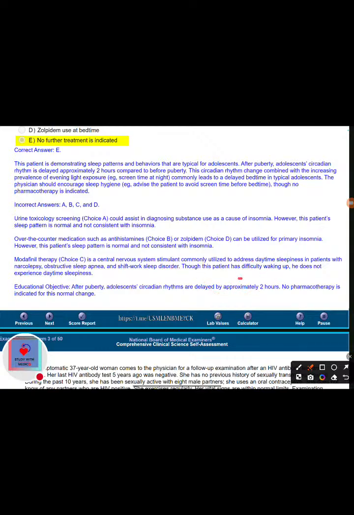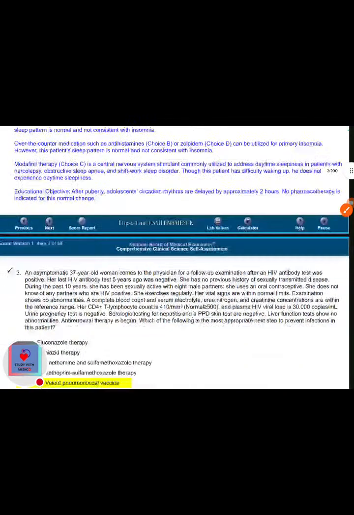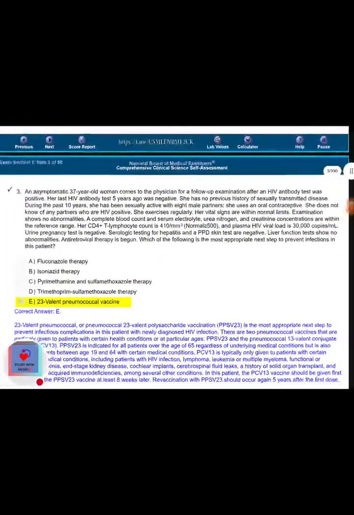Though the patient has difficulty waking up, he does not experience daytime sleepiness. So modafinil is not required because it is a CNS stimulant. Again, educational objective: after puberty, adolescent circadian rhythms are delayed approximately 2 hours. No pharmacotherapy is needed for this normal change. Well, moving to the next question.